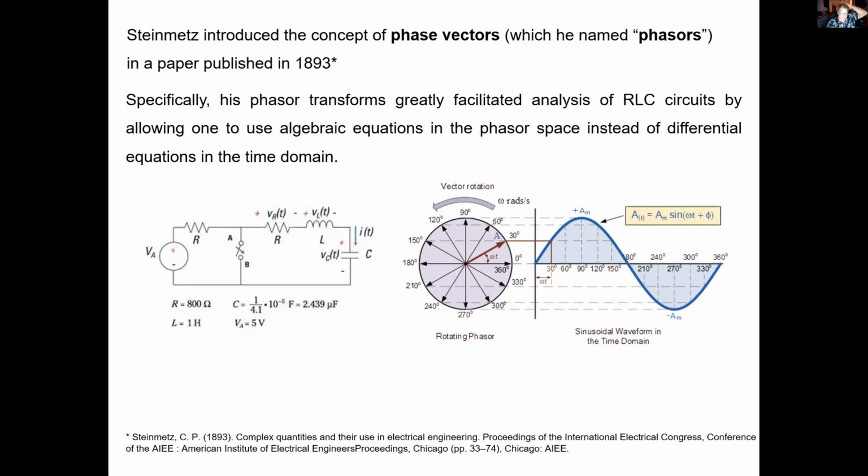This allowed algebraic equations in phasor space to be used to analyze these circuits for their outputs, inputs, etc., instead of differential equations in the time domain. It really was a significant mathematical tool, and hopefully we'll see this same concept can be used in lifetime measurement.